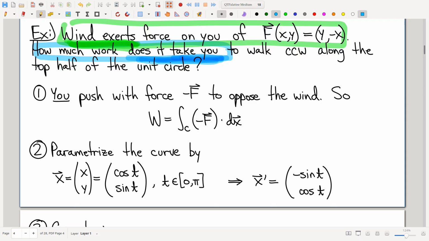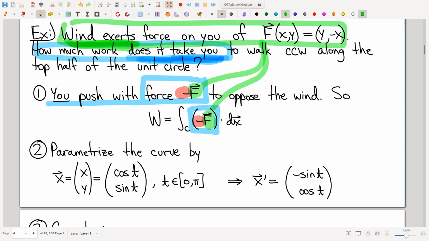Does everybody see how those are opposites of each other? Right? So it's a little bit annoying, but the force that you push with is minus F, and that is the negative of the force that the wind pushes with that you are opposing.